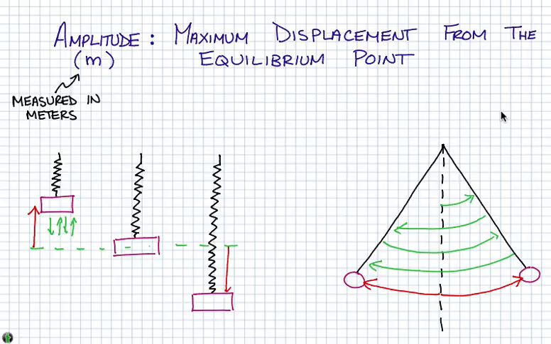And again, these would be equal and opposite generally. We'll talk about cases where this may increase or decrease, but overall these amplitudes will be the same. It should go the same distance in this direction initially as it will in this direction. It's measured in meters. It's a displacement, right? It's a distance. So we're talking about meters here. It's important to realize that.